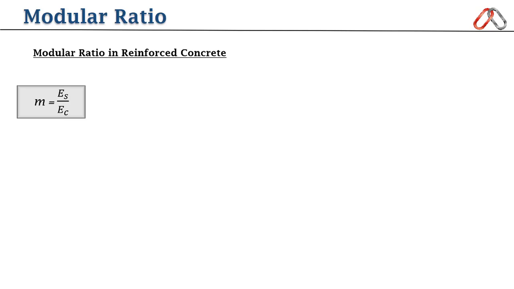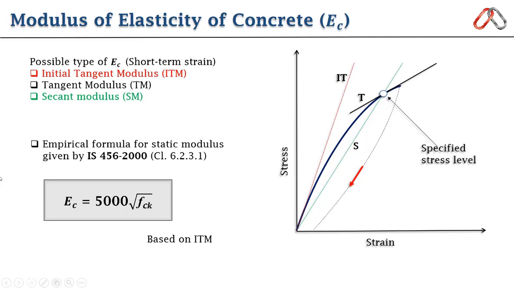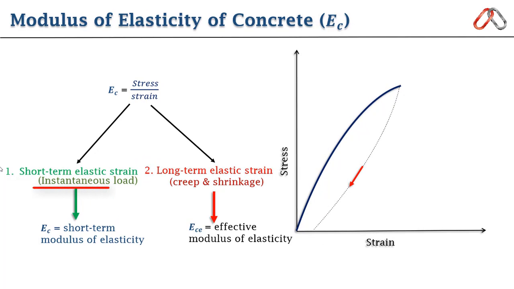But IS code does not consider this formula appropriate to determine the value of modular ratio, because I have told you in first lecture under the concept of modulus of elasticity of concrete that short-term modulus of elasticity Ec is equal to 5000 under root fck. This formula is based on instantaneous load. It does not consider the long-term effect of creep.